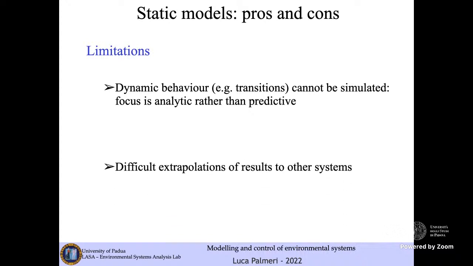We're just doing analysis, as I told you, snapshots, photographs of the status of the system. So this means that it is difficult to extrapolate the results to other systems. As we will see from the example, once you build a trophic network analysis model, this model is to be applied to the system that you built the model on.